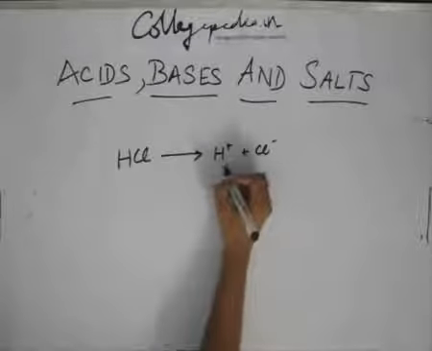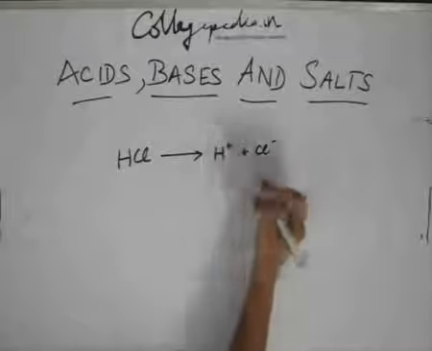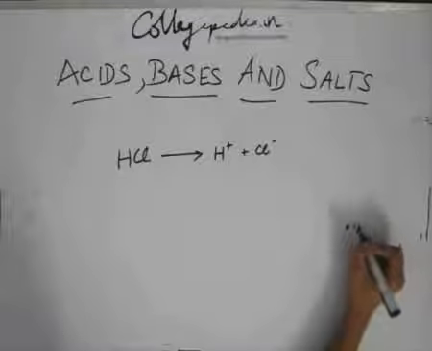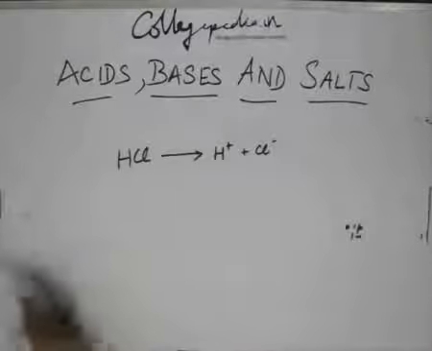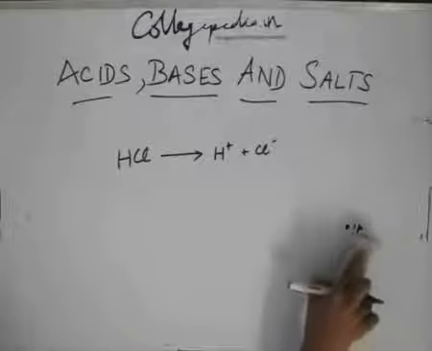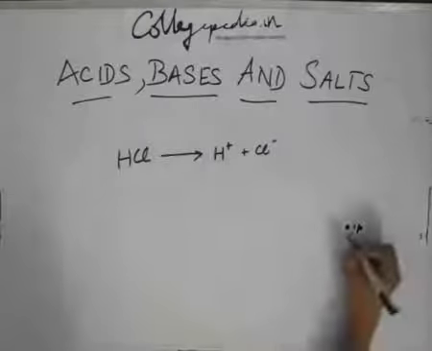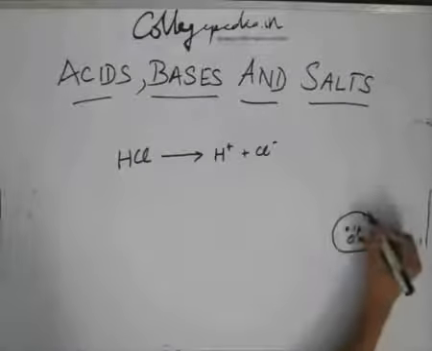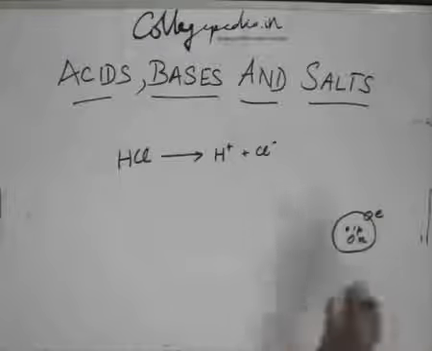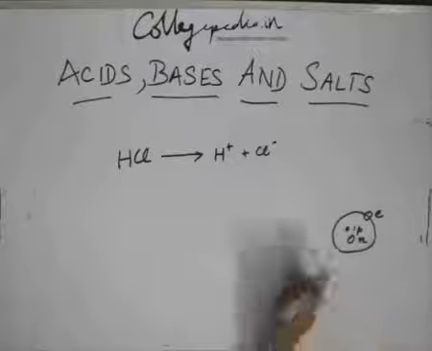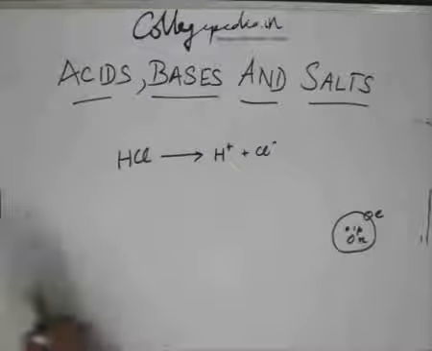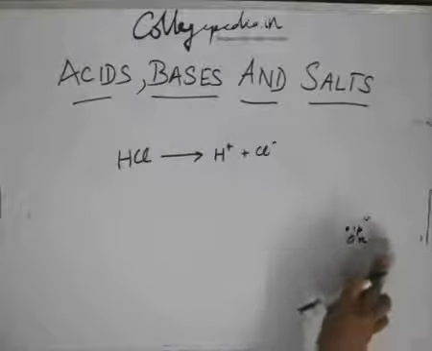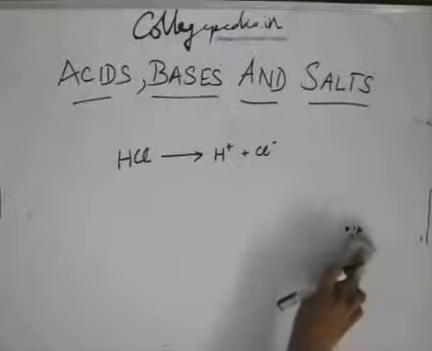So you have your H plus ion, but if you see, H has only one proton, no neutrons, and it has one electron in its outermost or first orbit.